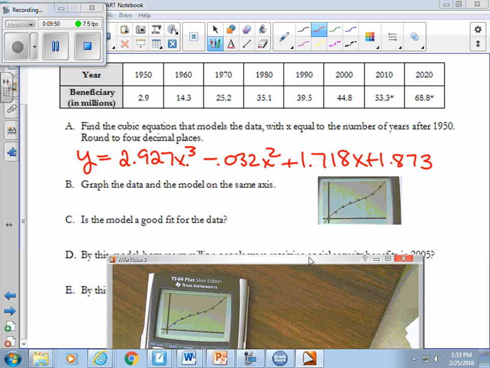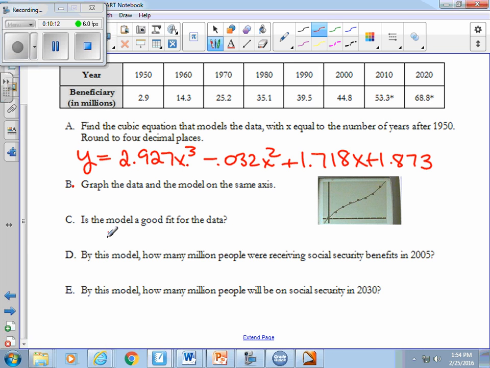Go to stat, calculate, cubic regression. And right here, you have to type Y1. Okay, and now it's in your Y equals. Or you could manually type it. So if you accidentally miss that step, then you just go type that in Y1. Okay. Does it look like a good fit? Yes, it looks really good, doesn't it?